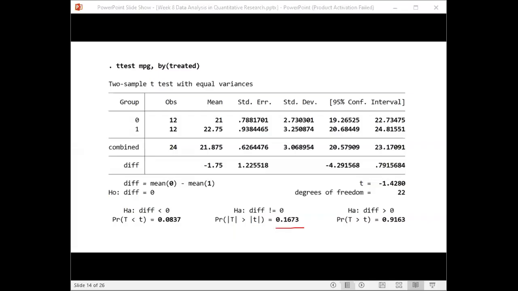All right, so this one gives us 16%. 16% is greater than 5%, 1%, 10%. So the rule of thumb was that if the p-value was less than the alpha, reject H0. So what will be our decision? Are we able to reject H0?